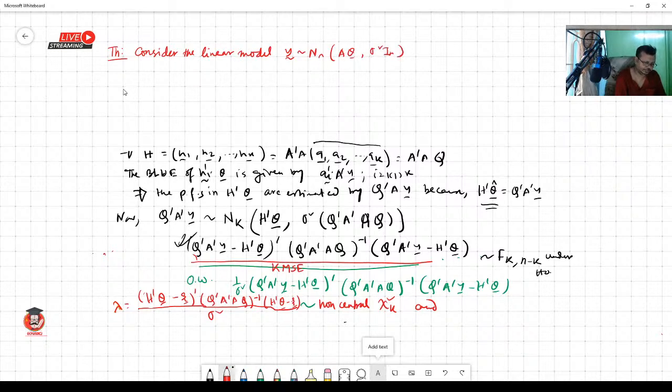Then SSE, which is nothing but the minimization of this with respect to theta curl, is distributed as sigma square chi square with n minus r degrees of freedom, where r equals the rank of A.